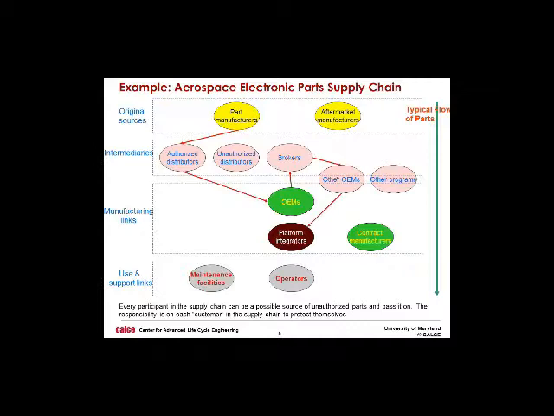So right now, when this platform integrator like a Cessna or Embraer is buying from that other OEM, it may or may not know the history of this part, that it has passed through an unauthorized distribution channel at some point in time.